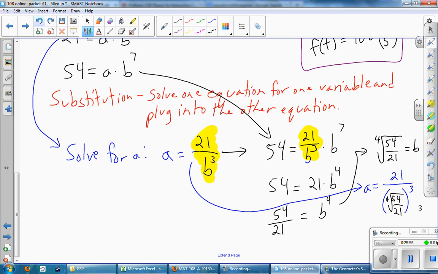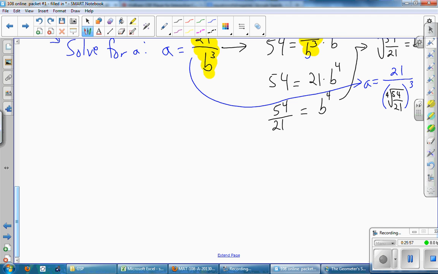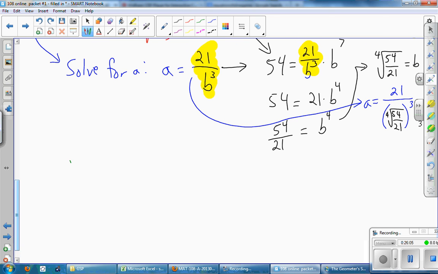We've got our value of b. So if we can put it all together, it's going to be a whole lot messier than the answer to the previous problem, but that's okay. So our final formula here is f of t equals a times b to the t.